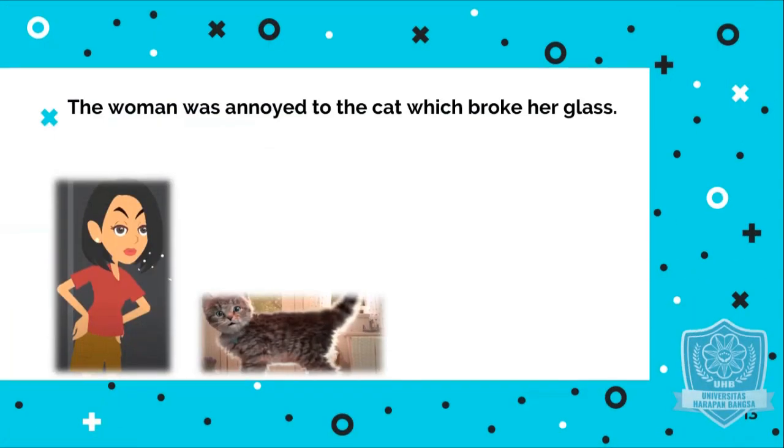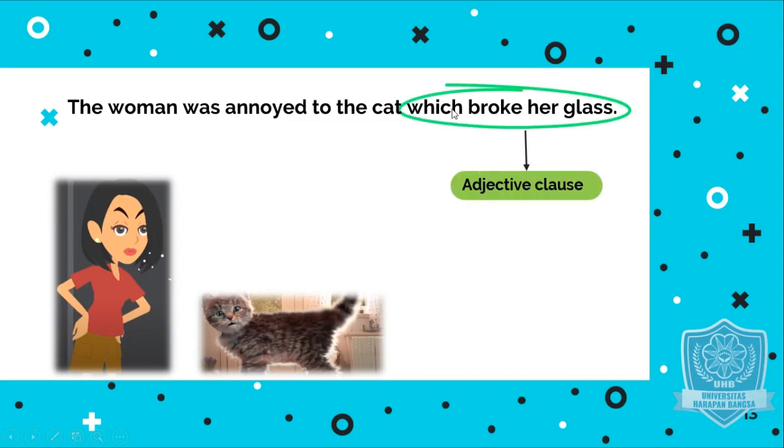Then, the woman was annoyed with the cat which broke her glass. We find the adjective clause which broke her glass, in which this clause gives clear information about the cat which broke her glass.